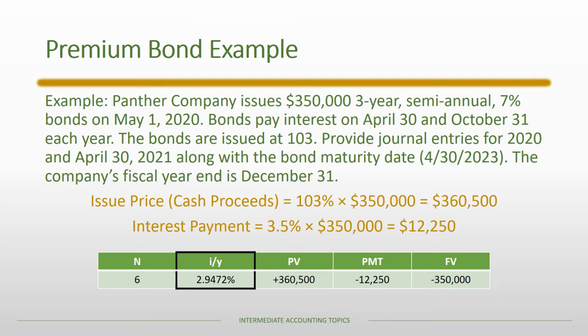Then we solve and we get the yield of 2.9472%. Again, because this bond is at a premium, we would expect that the interest payment or the bond rate, the semi-annual bond rate, should be more than the bond yield. And we see that where the semi-annual bond rate is 3.5%, but the bond yield is 2.9472%. So this is consistent with a premium bond.